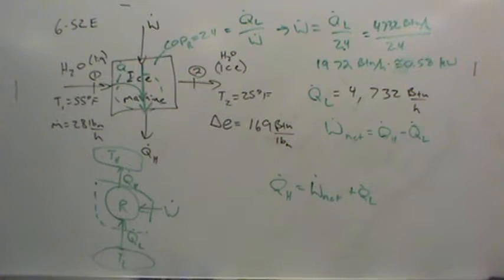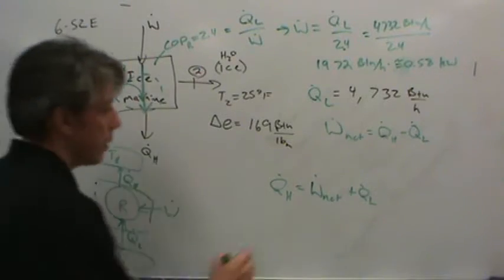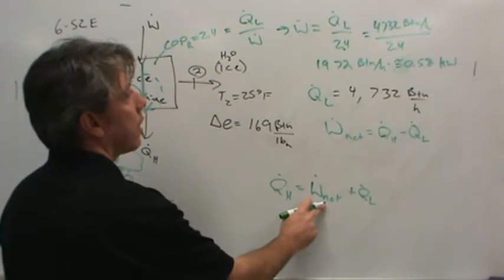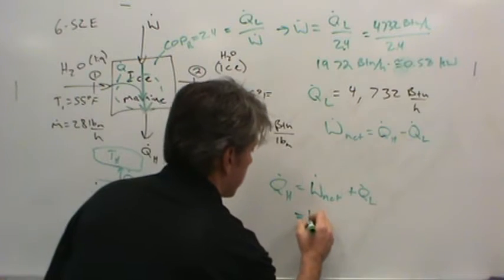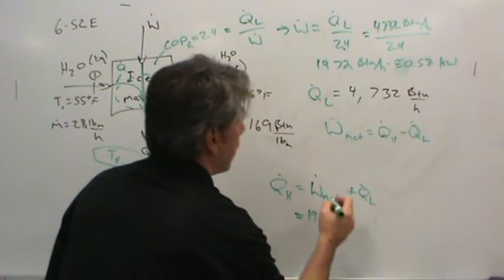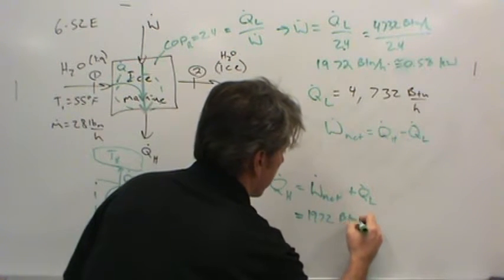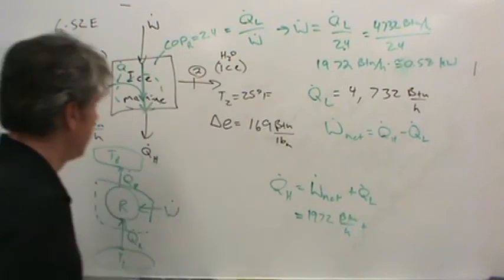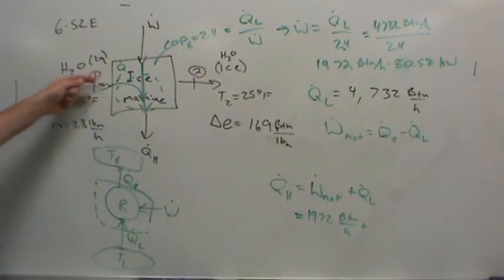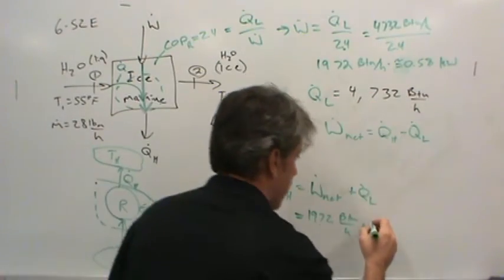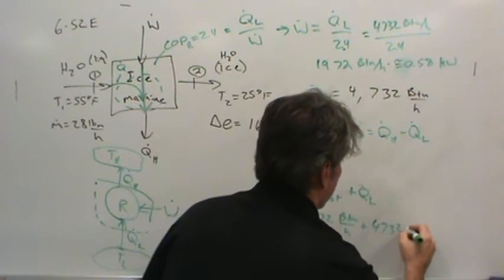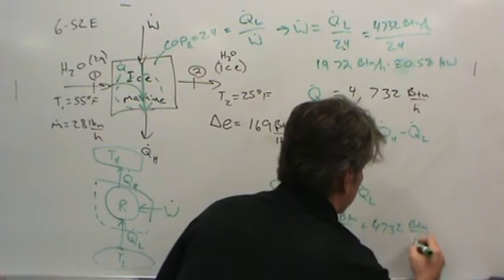Of course, these are all in rate forms. So the net work input is 1,972 BTUs per hour, and the heat flow from the ice, we calculated, was 4,732 BTUs per hour.